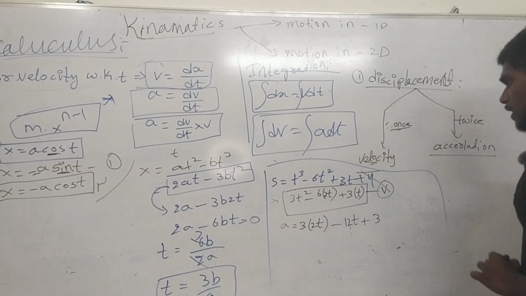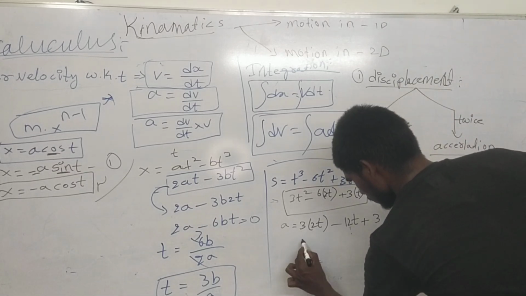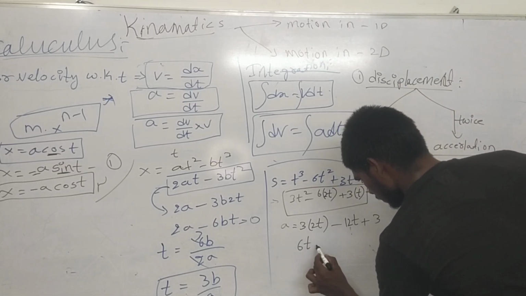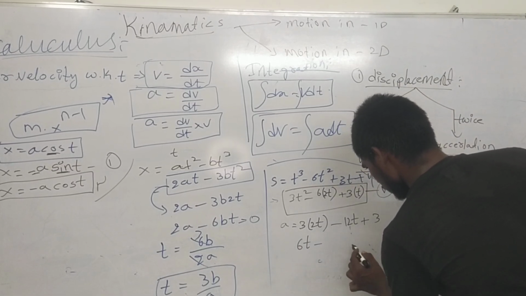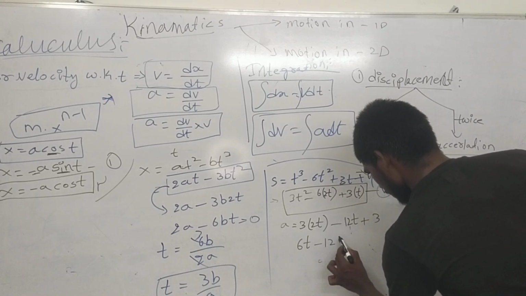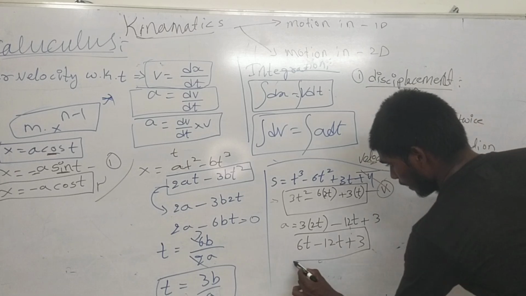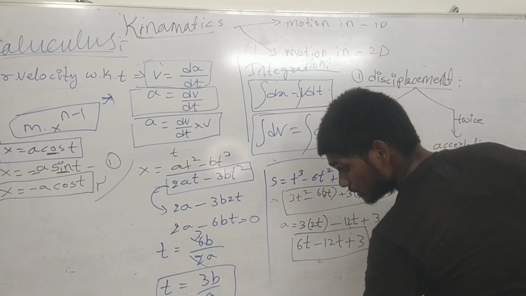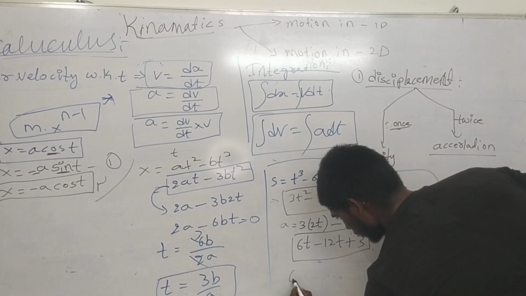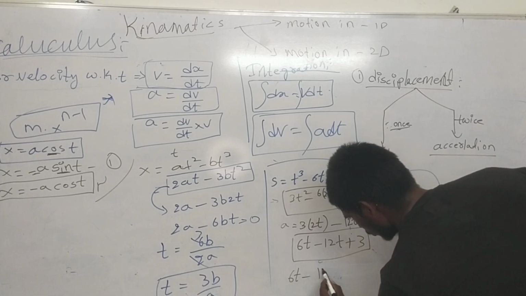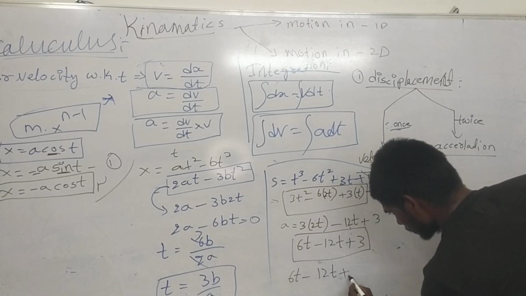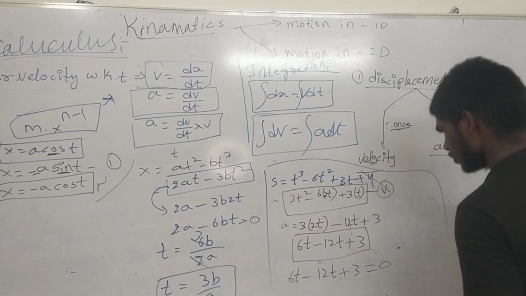Acceleration 6t minus 12, and the velocity when the acceleration is 0. So equal to 0 this acceleration.